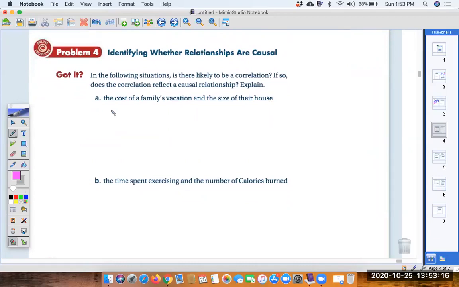I would say sometimes, because sometimes the more money you spend on your vacation, you have it. So you probably have spent more on your house also. So most likely, yes, there's a positive correlation, meaning the more your vacation costs, the higher the value of your house. Causal? I'm careful with that.